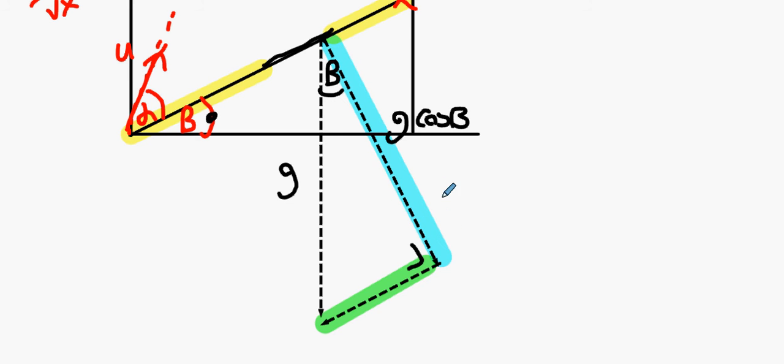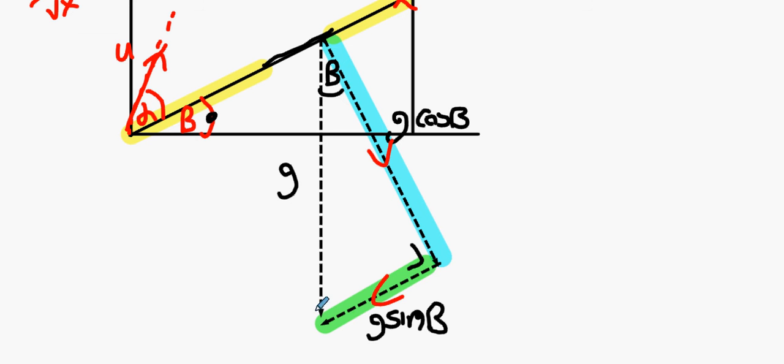The blue one's the adjacent side, so it's going to be g cos B. The green one is the opposite side, so what does that mean? Sine B. Right. Now, next thing I want you to allocate is, what direction is g cos B acting in? Is it a Vy or a Vx? It's acting downwards, and this one's acting this way, like so.